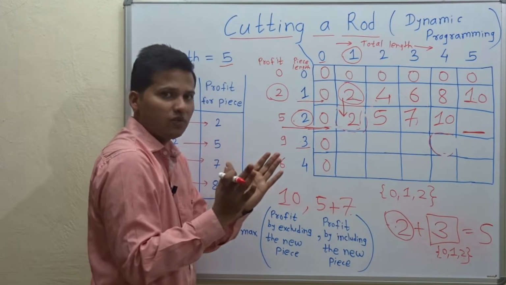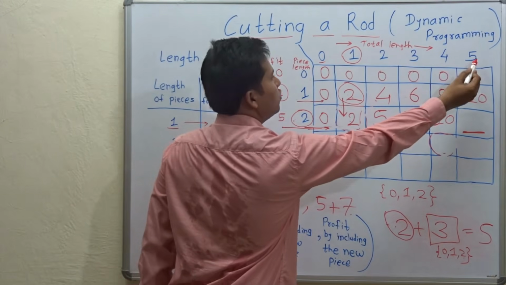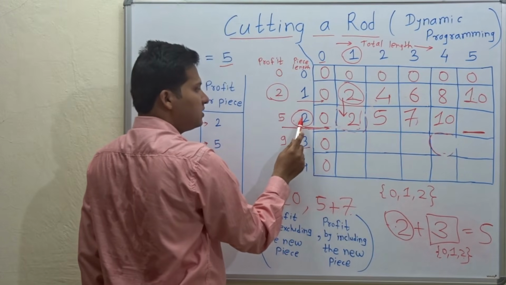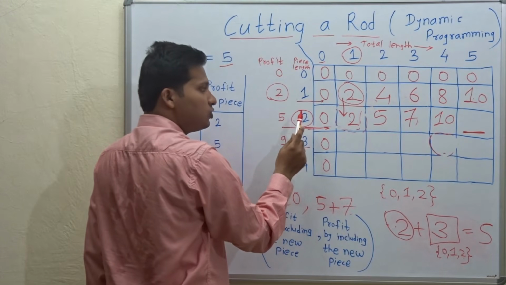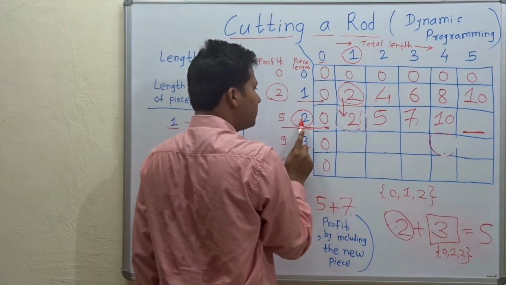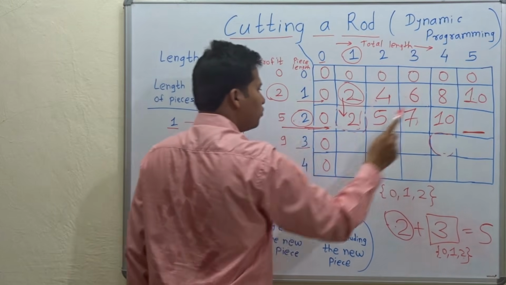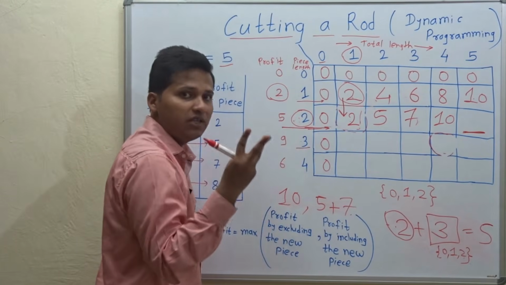Okay. In other words, see, you have to make a total of 5 and you have included a piece of length 2. So you have to subtract this 2 from 5. So 5 minus 2 is 3.